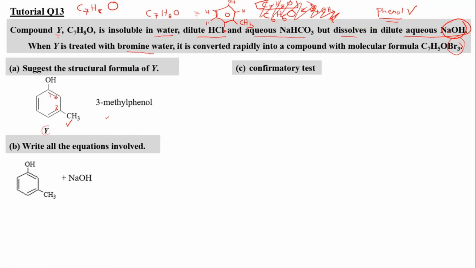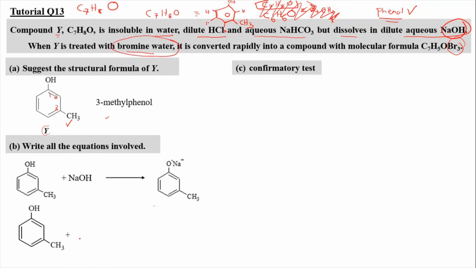It's going to react with NaOH first, because only phenol is going to react with NaOH, not alcohol. So this causes the hydrogen here to be replaced with sodium plus. Okay, and this is not affected. And at the same time, the 3-methyl phenol is going to react with the bromine water.